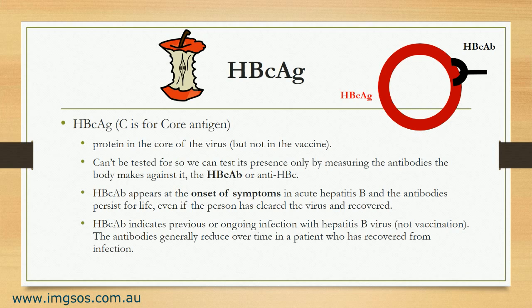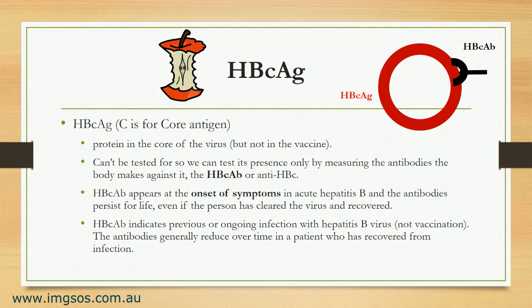Now, the body makes core antibodies quite quickly at the onset of symptoms. And so in acute hepatitis B, you'll have core antibodies quite early. And those core antibodies will persist for life, even if the person has cleared the virus and recovered. Obviously, vaccinated patients won't have core antibodies at all.